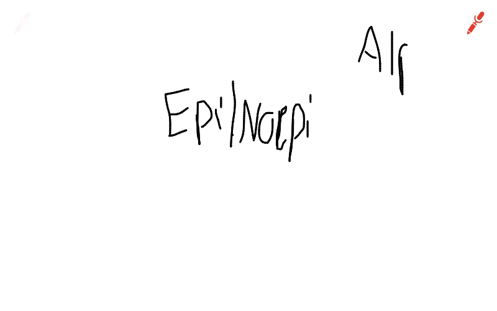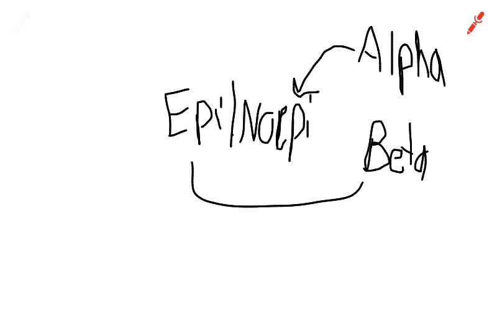Epinephrine or norepinephrine can bind to beta receptors or alpha receptors. Alpha receptors prefer norepinephrine. Beta receptors prefer epinephrine. There's 3 beta receptors, 2 alpha receptors. Regardless of what receptor it's acting on, the response can either be stimulatory or inhibitory.